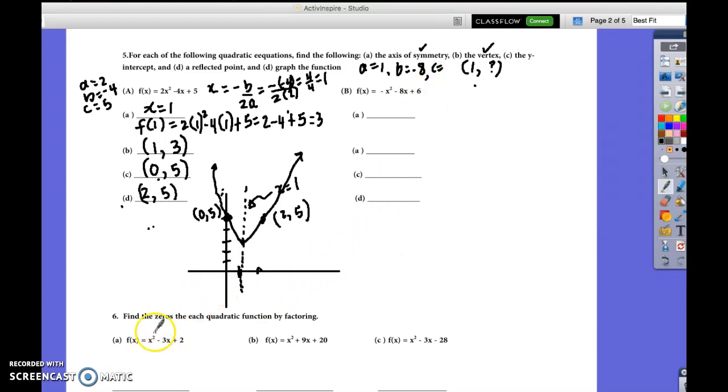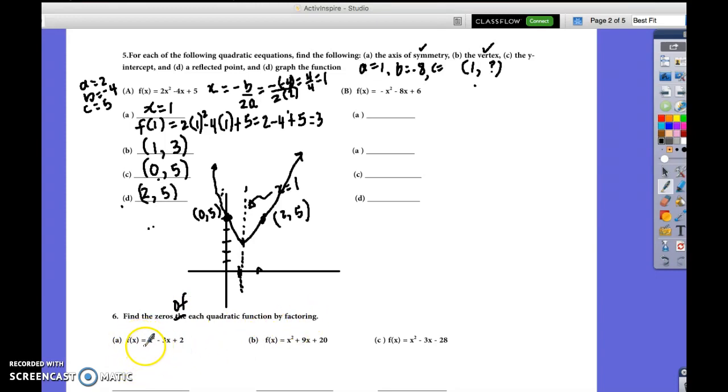Now, while I'm on this page, find the zeros of each quadratic function by factoring.